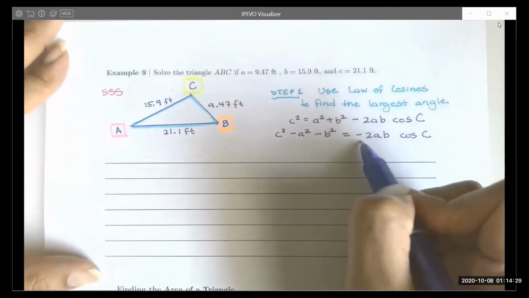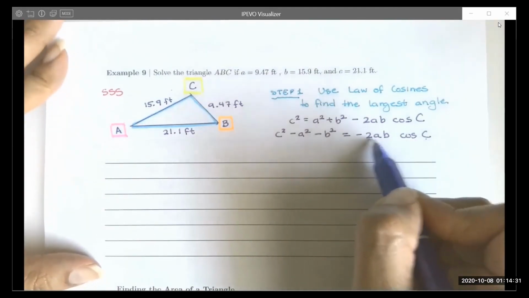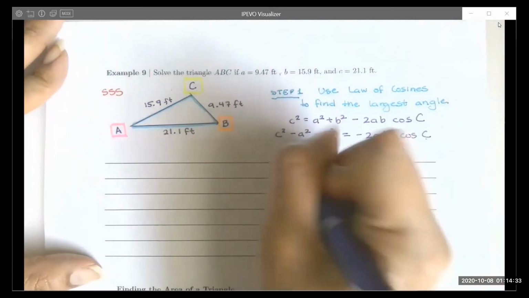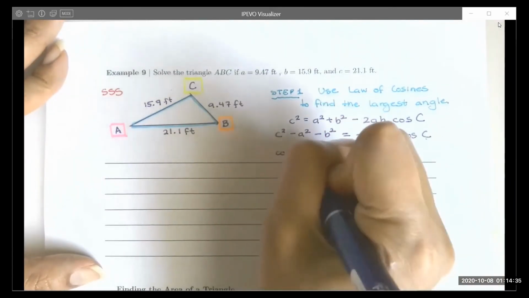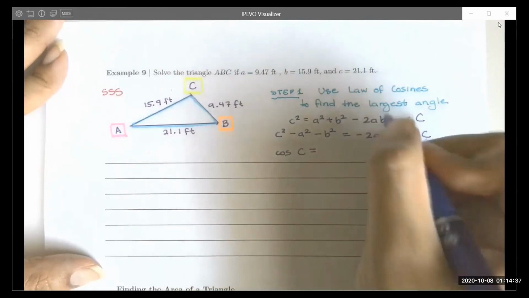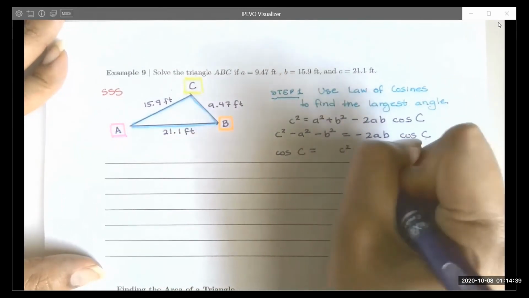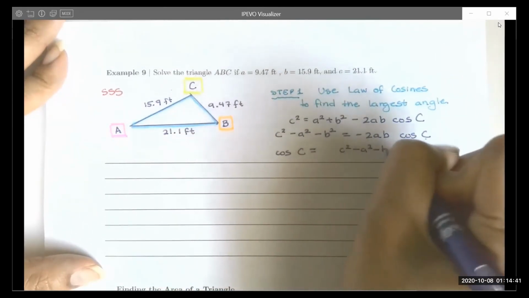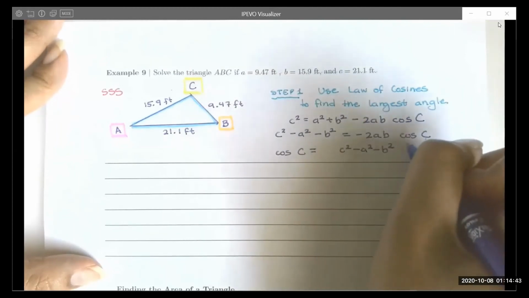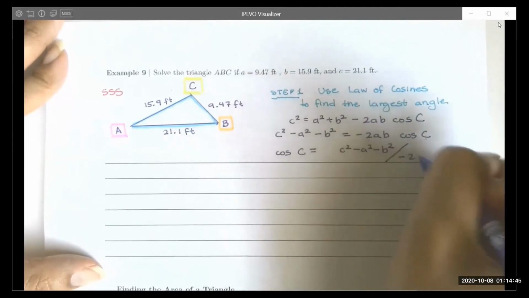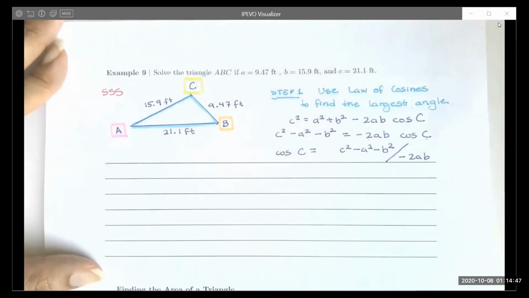That means I can divide both sides by negative 2AB, and that's going to give us that cosine of angle C is equal to C squared minus A squared minus B squared divided by negative 2AB.